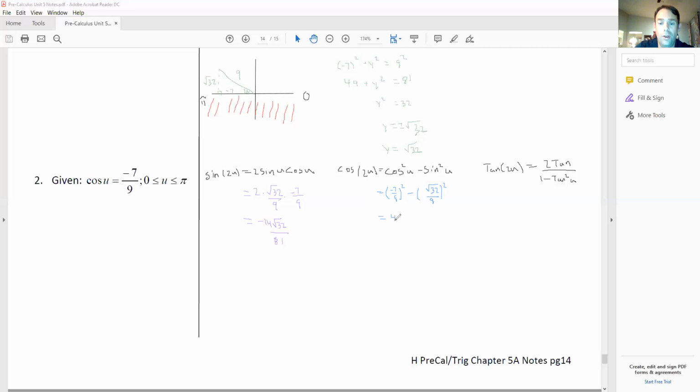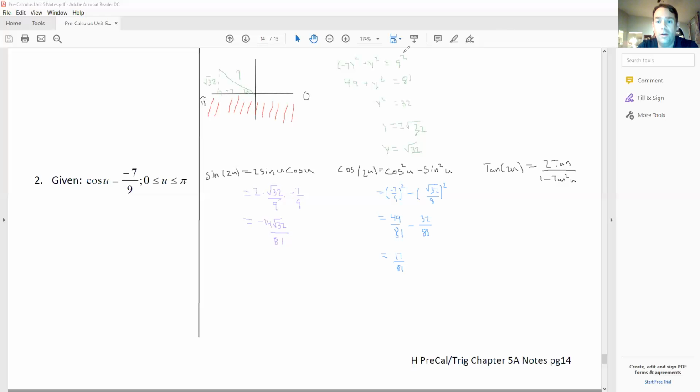So 49 over 81 minus 32 over 81. And all together, that would be 17 over 81. So I already know that tan 2u is going to be negative 14 root 32 over 17.